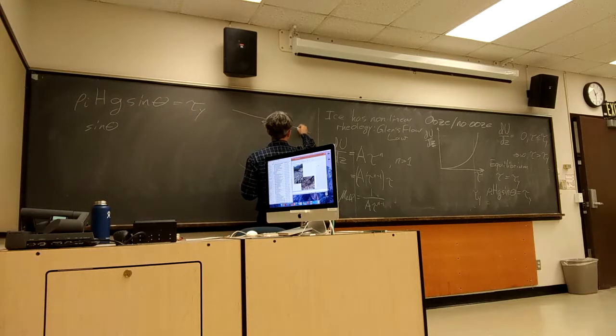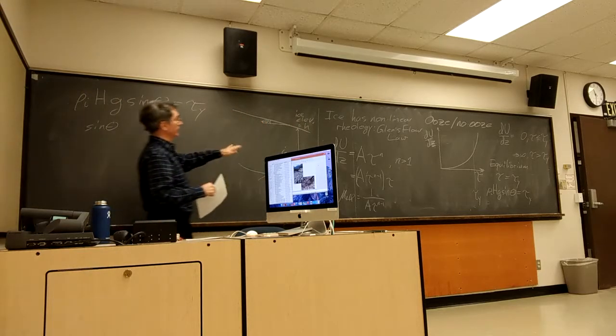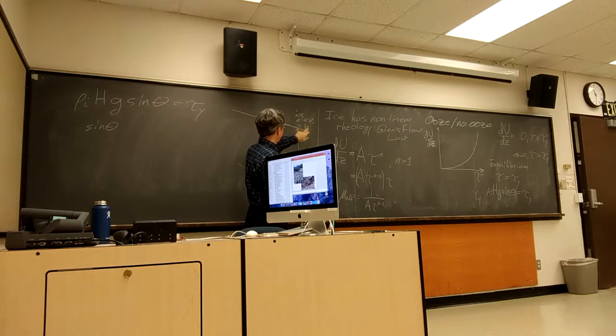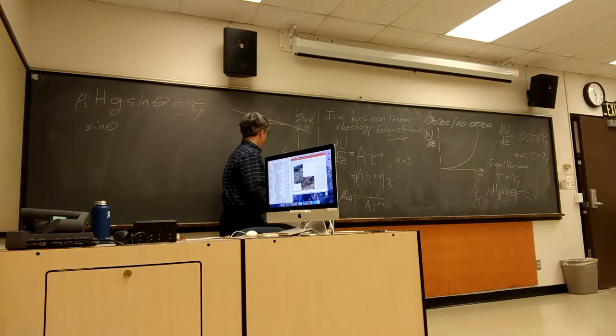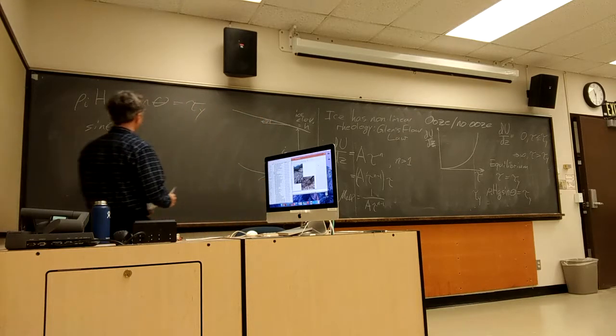And I'm going to say that my ice elevation above some arbitrary datum is a lowercase h. Lowercase, not uppercase, where uppercase H I'm using for thickness. Lowercase h here is some height above some arbitrary datum of the ice surface.